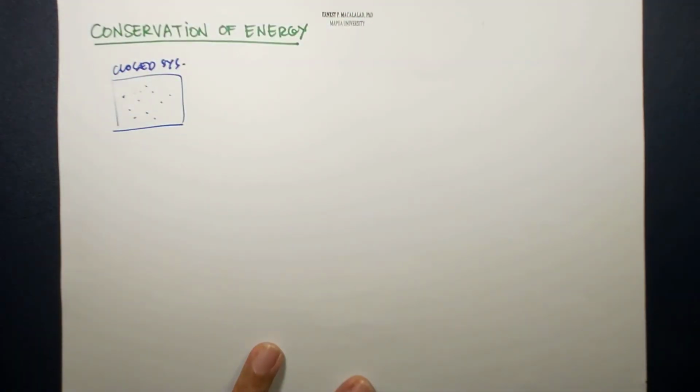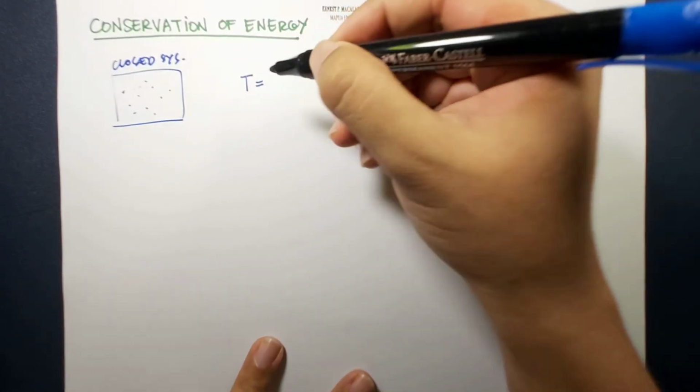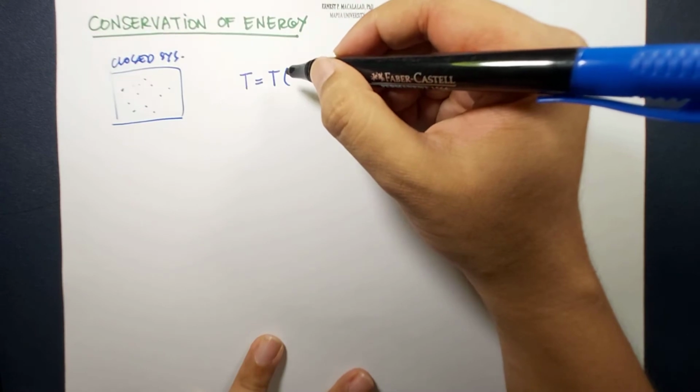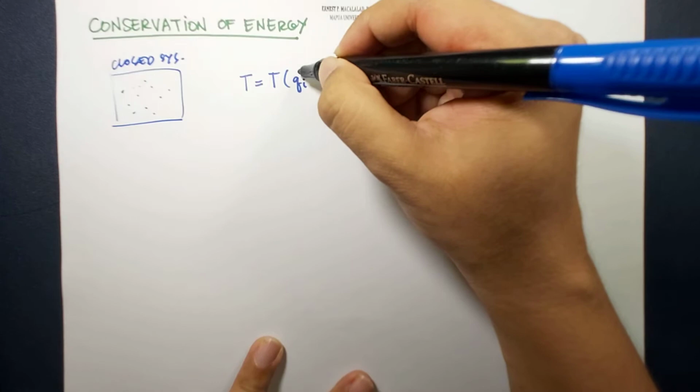is said to have, for example, a kinetic energy that is a function of velocity, qi dots.